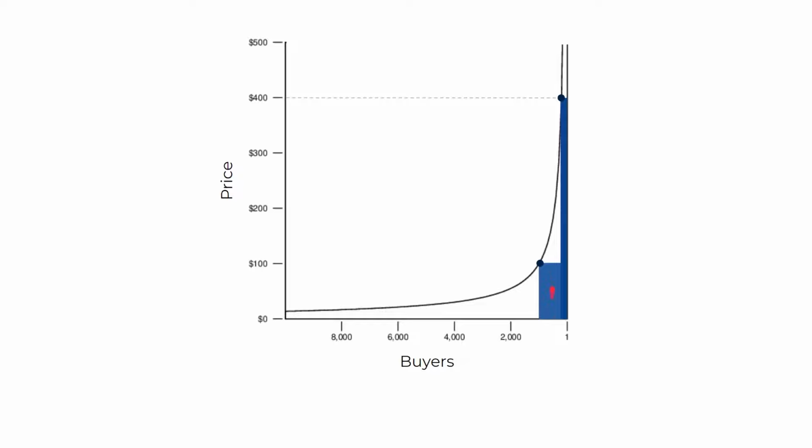So this is also 80, and 80 plus 80 is 160. So you see, by adding a higher price point, we basically increase the revenue of the company from 100,000 to 160,000.